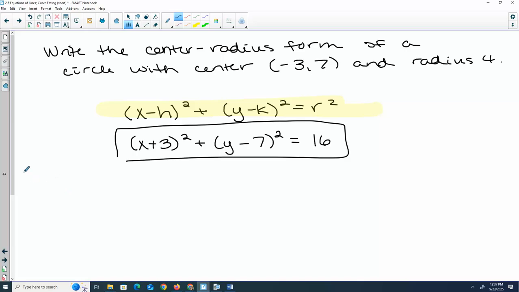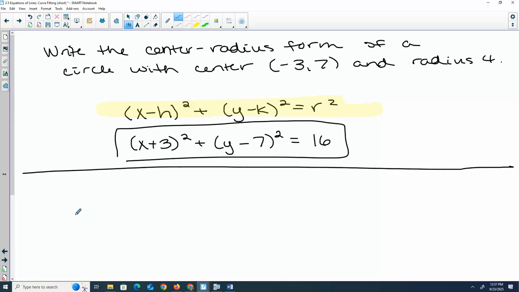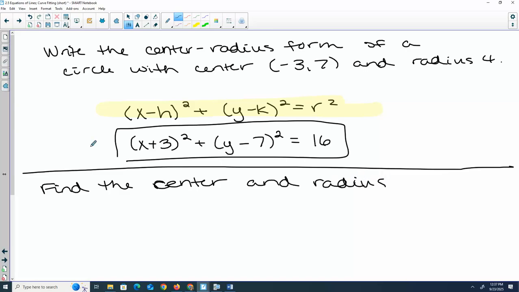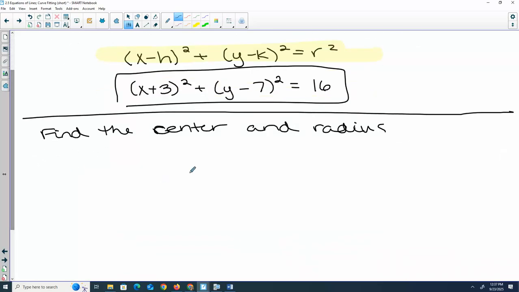So, not a high point value question, you either have it or you don't, but easy if you know what your format looks like. The other type of question we had when we were dealing with circles was if I said, find the center and radius. And I told you the general equation.